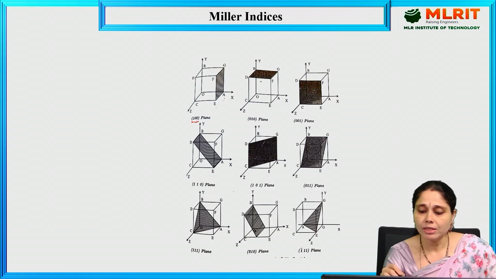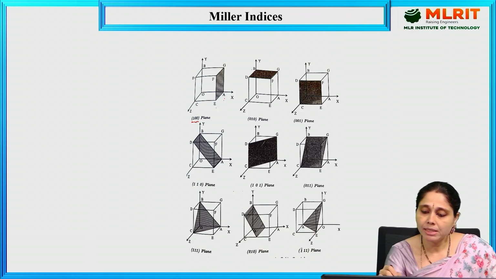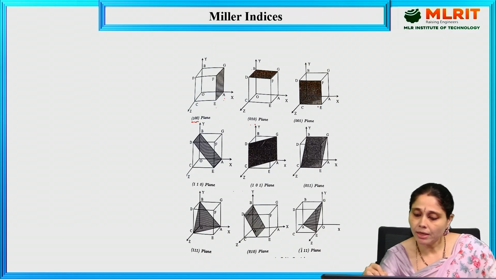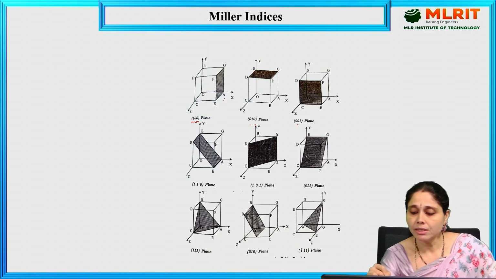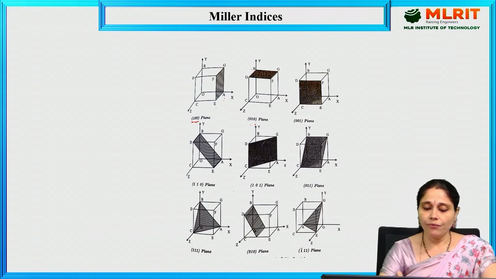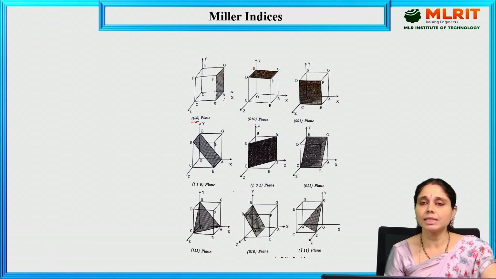For example, 0, 1, 0 means D, B, C, F is filled, so this is the 0, 1, 0 plane. And the front plane, the Z plane, E, F, D, C is filled, so this is the 0, 0, 1 plane. These different planes are represented with different numbers like this. This is the representation of Miller indices and planes.